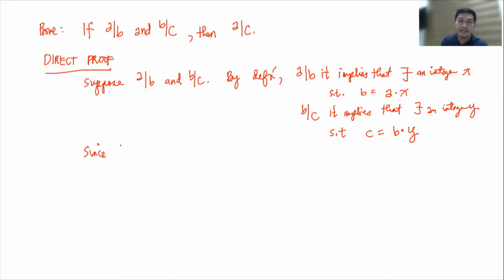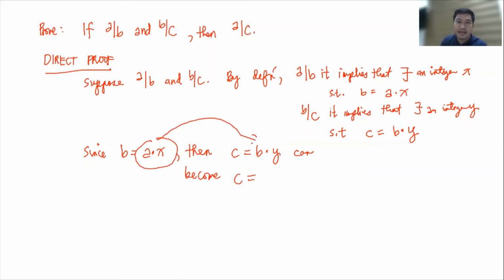Okay, since B is equal to A times x, then C is equal to B times y can become C is equal to, you put this one A x into B. So change that to A times x, and then we have y.